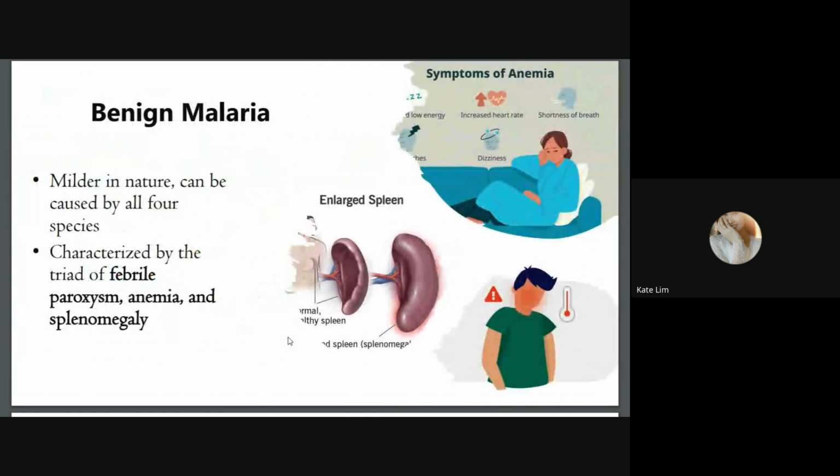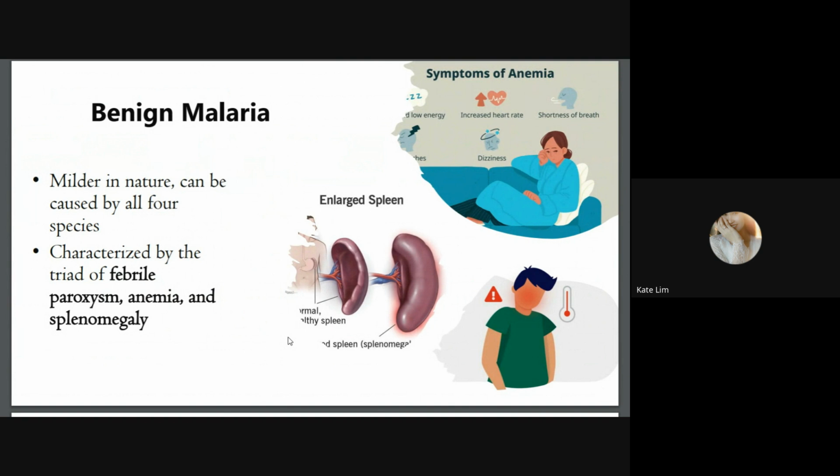In here we have benign malaria. The hallmarks of benign malaria are actually anemia, splenomegaly, and paroxysms.